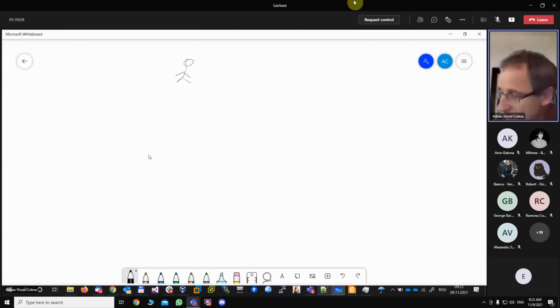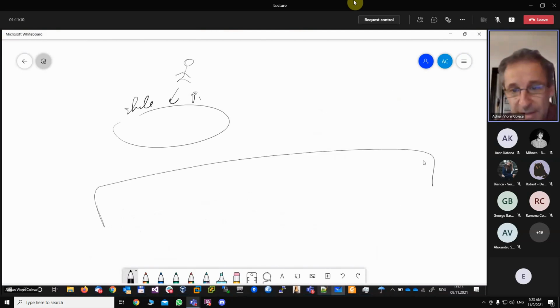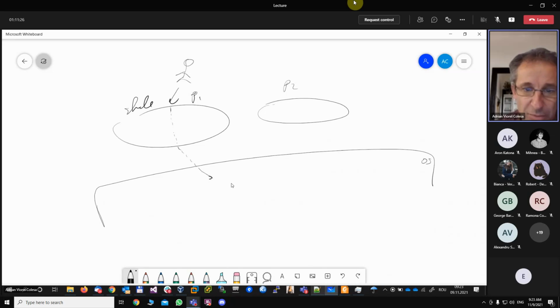Here we have the user interacting with a kind of shell, so interacting with a current process. This is process P1, and here you have the OS. The way to launch another application is interacting with this process, giving a command, a user action, and that process will ask the operating system.